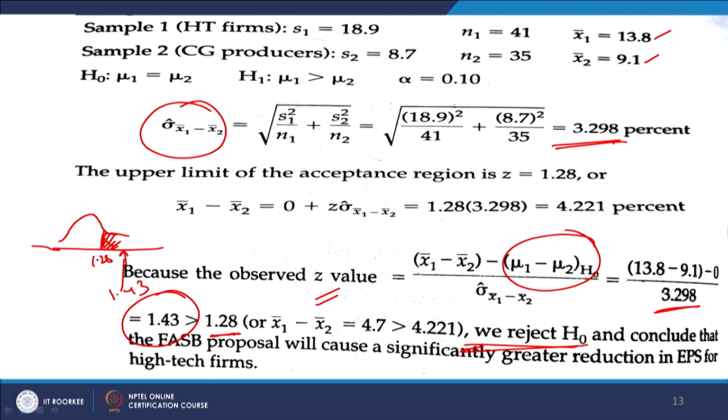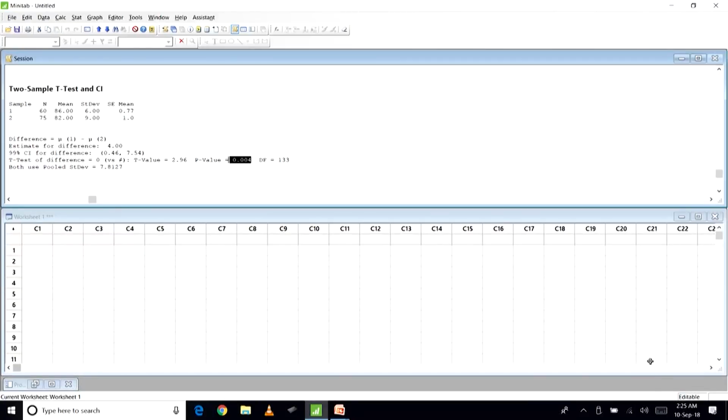It means that the proposal will cause a significantly greater reduction in EPS for high technology firms. So, whatever you are assuming in this question is correct. This is how you can solve this type of question, and now let us look at how to solve it using Minitab as well.